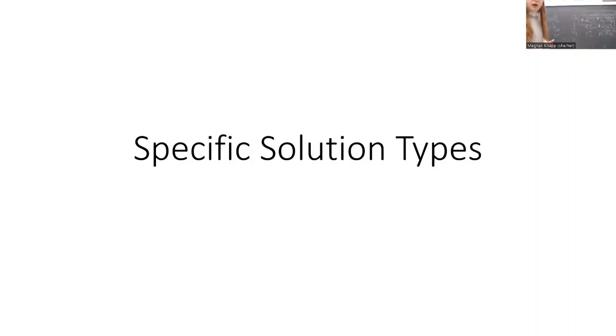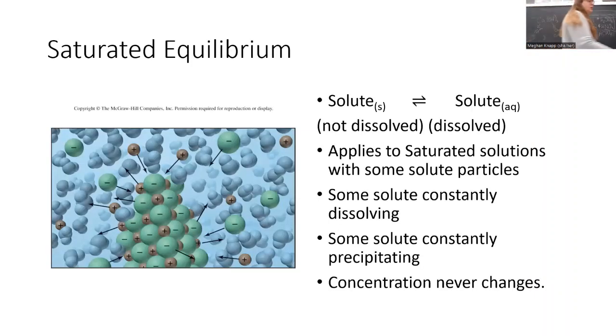Okay, so the first thing that I want to talk about is saturated equilibrium. We mentioned this a little bit on Monday. So equilibrium, remember, is a process where we have two opposite reactions happening at the same time and at the same rate.